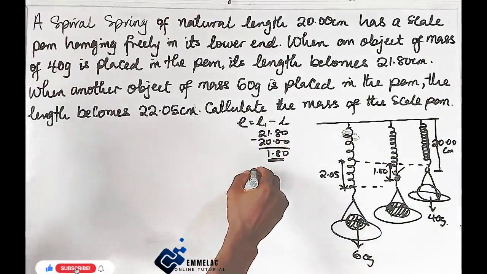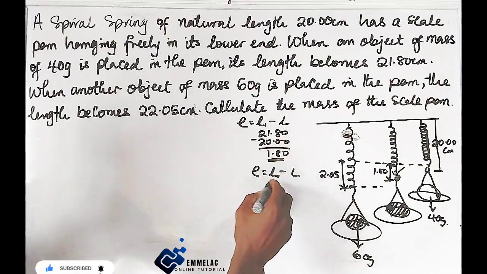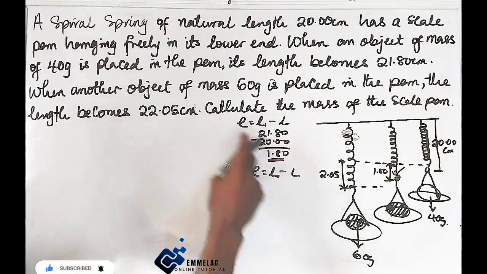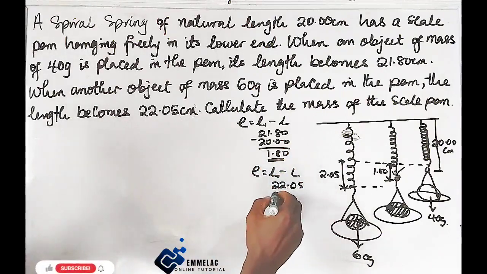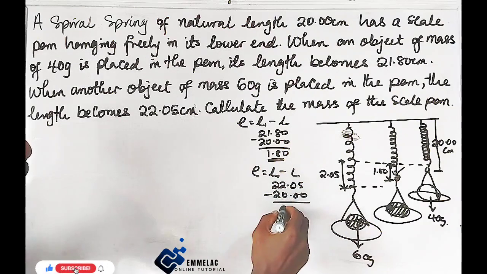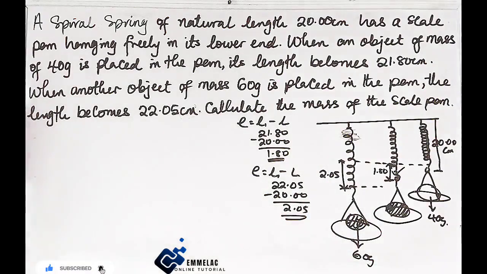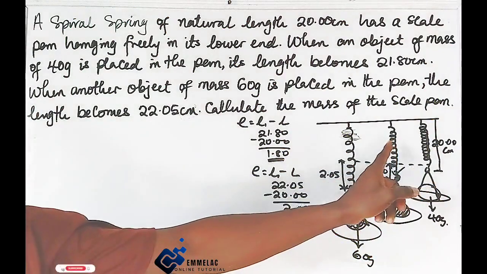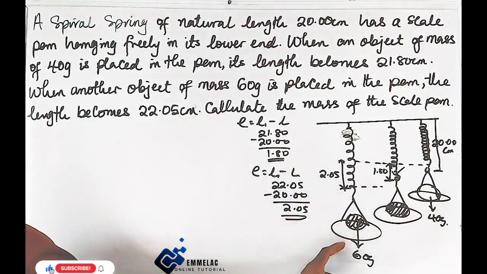Now the second one, which is L1 minus L, is the same: 22.05 minus 20.00 gives us 2.05, and that was how I got it. Now you can see that the extension here is proportional to the mass.